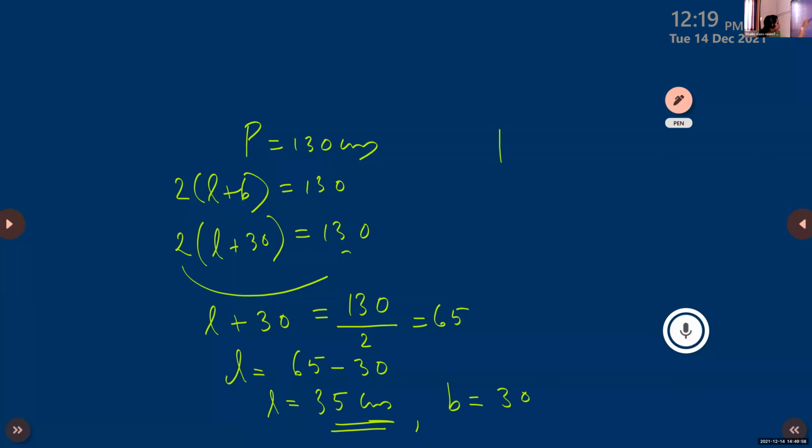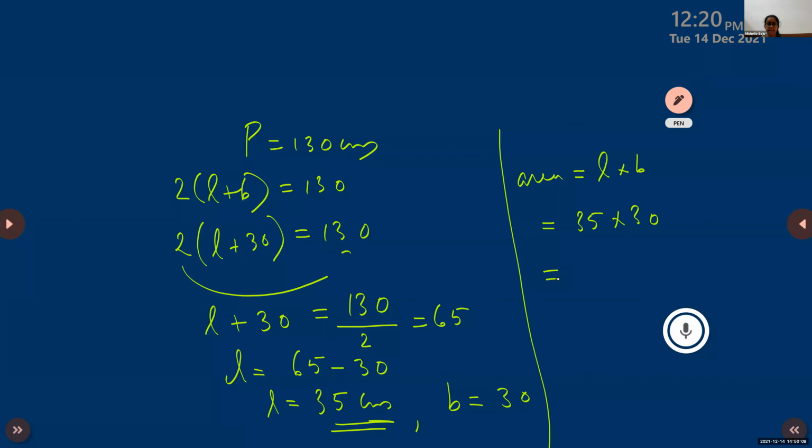So what is the area? Area of the rectangle is equal to L into B, that is 35 into 30. What is the answer? Find out.